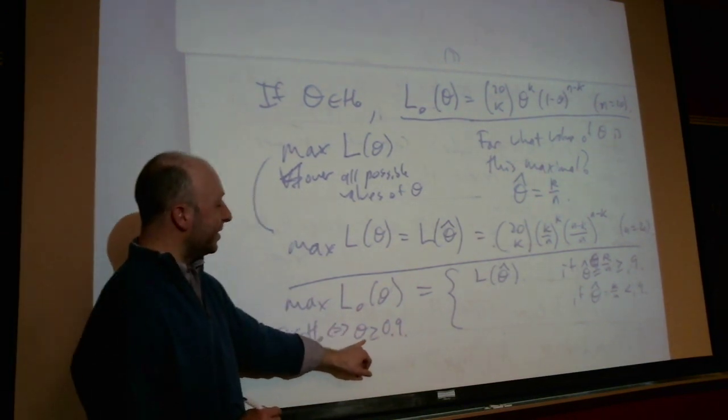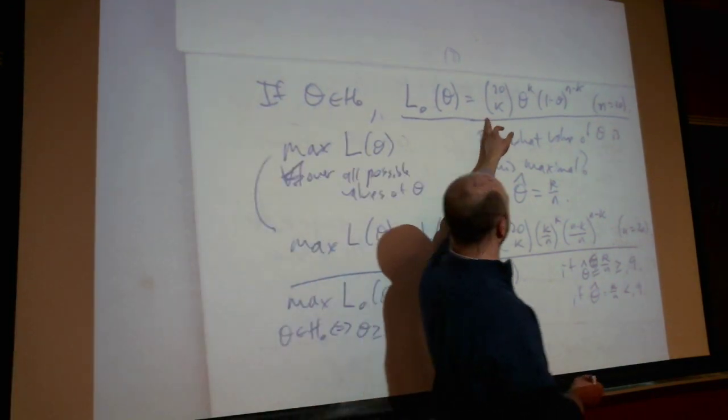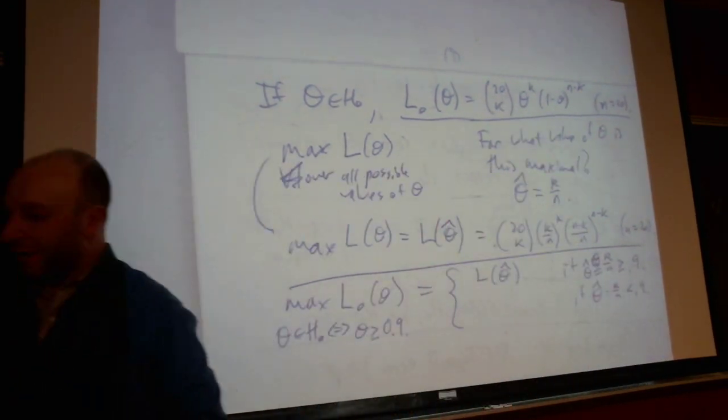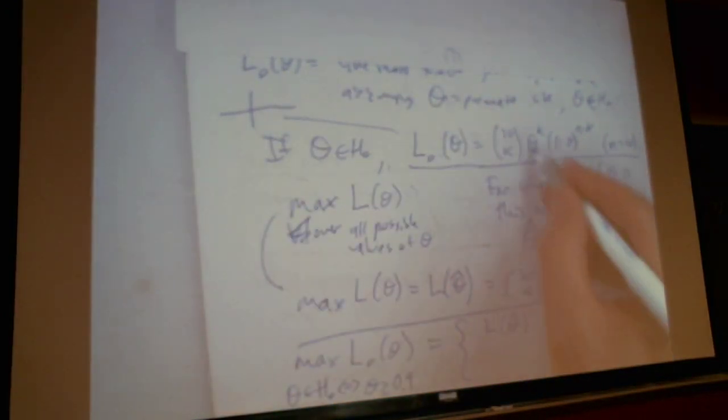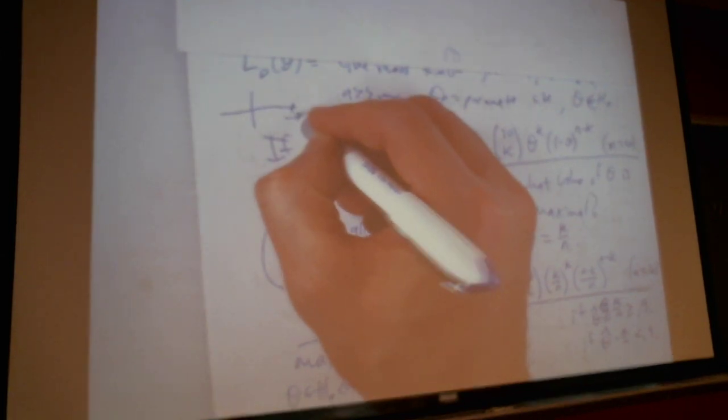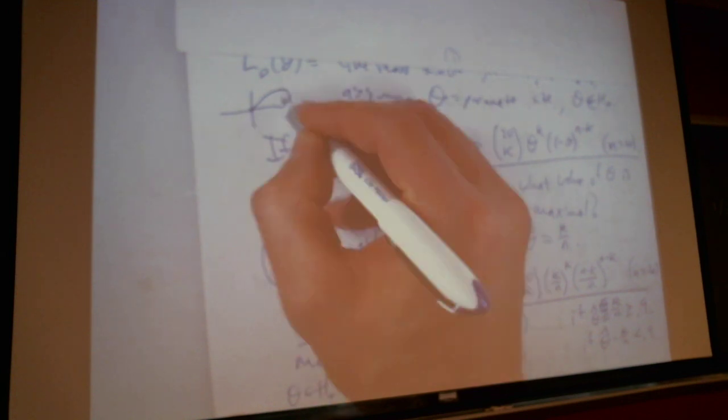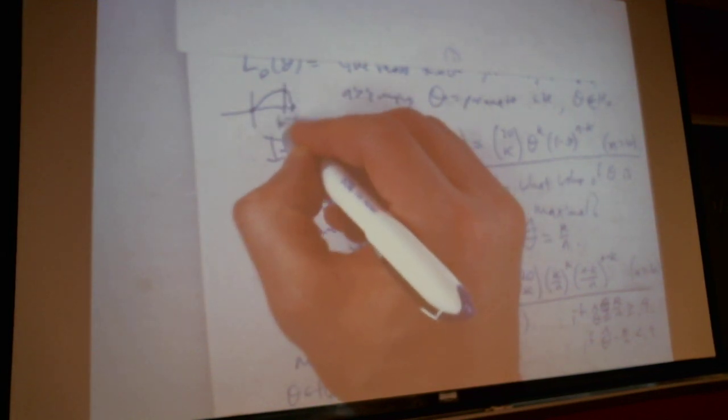So what do you think happens to this function? We can graph this function. Let's just pretend that it looks something like this. So here's a graph of L0. When theta goes to 1, it goes to 0. When theta goes to 0, this goes to 0. And then there's some optimal value in between, and that optimal value happens exactly at k over n.